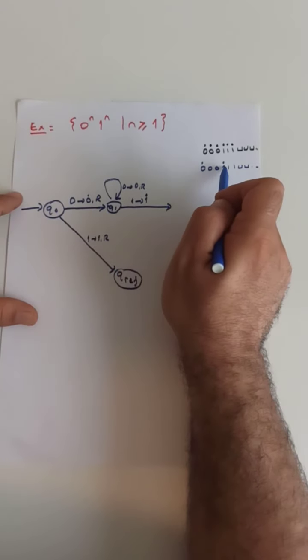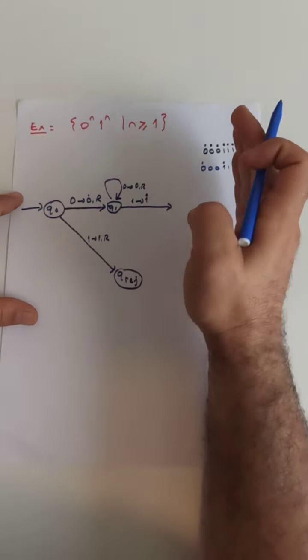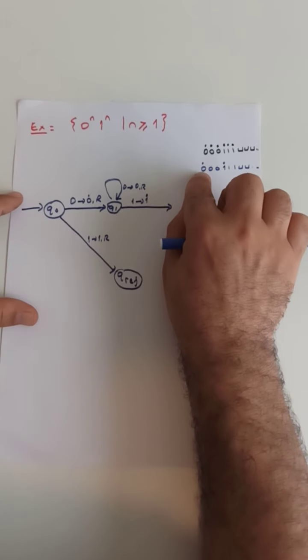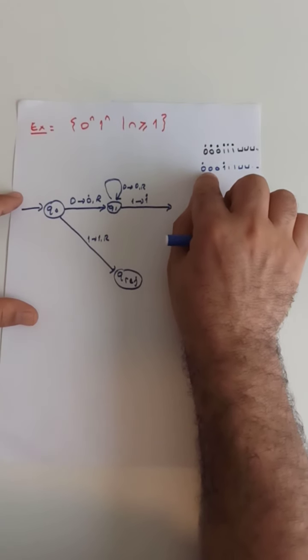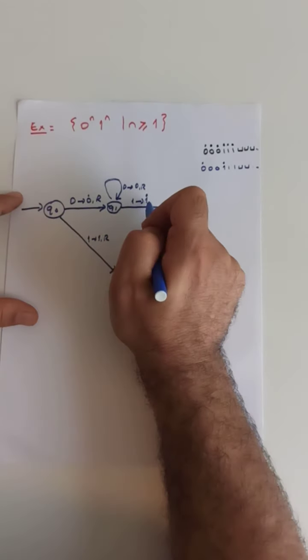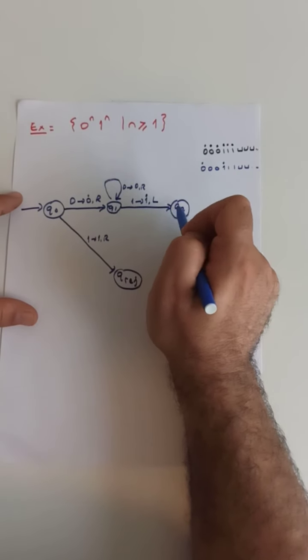And now we can make a left move rather than a right move, because now we will need to keep moving all the way to the left until the first dotted symbol that we find, so that we can mark the next 0 and a 1 corresponding to it. So make a left move, go to a new state, q2.